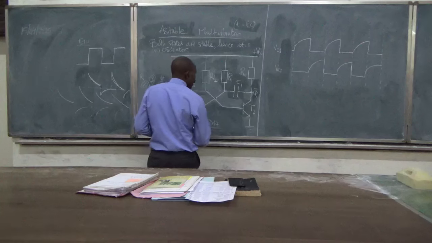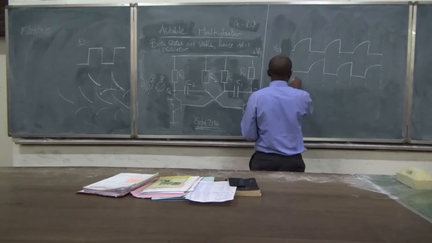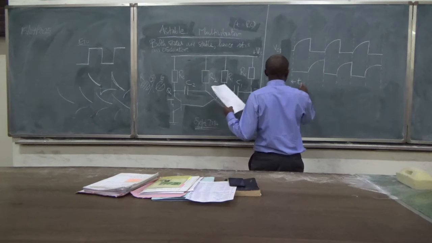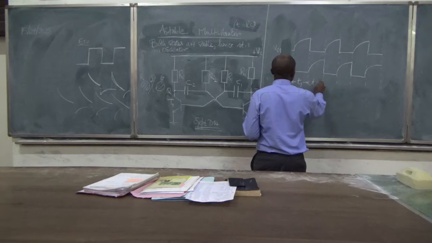So this is T1, the time for when the first one is on and the other one is off. This is T2.